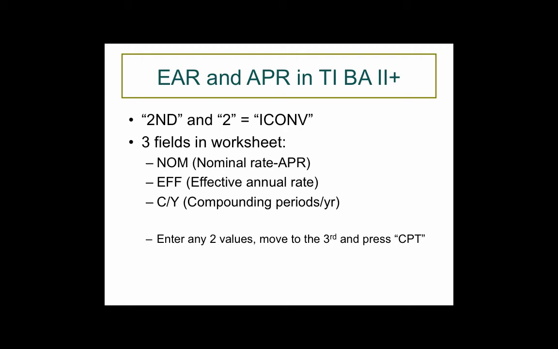If you hit the down arrow, you'd see EFF, that stands for effective, so that's the same thing as EAR. And then you see C divided by Y, which is compounding per year, so that's the same thing as the M in the equation. If you put in values for any two of these, hit enter, and then use your buttons to go back to the one that you want and hit compute, it will give you the value for that.